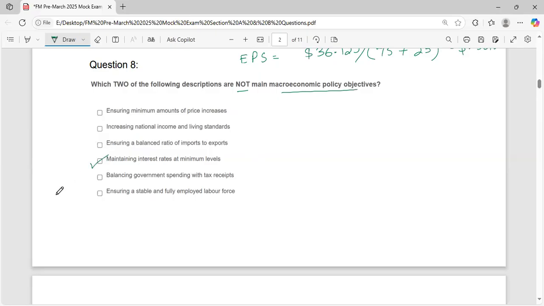This is the objective of macroeconomic, and balancing payment spending with the tax receipts.